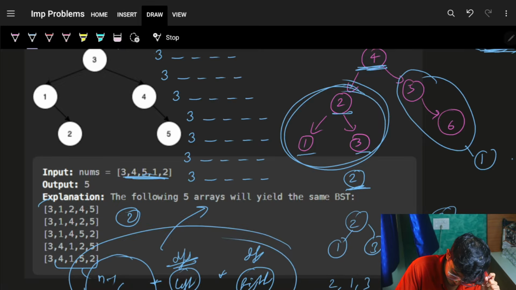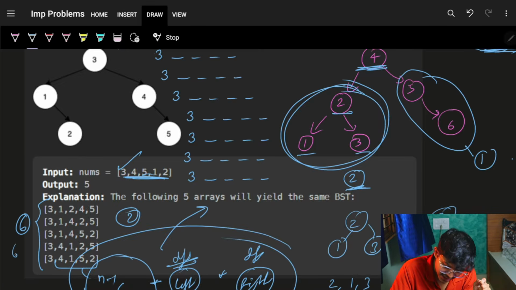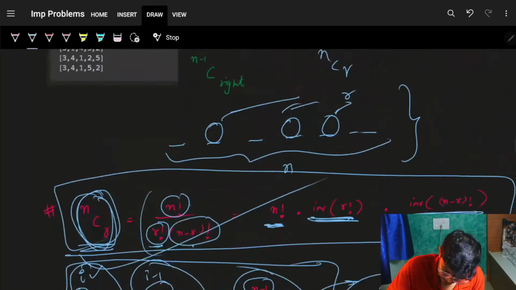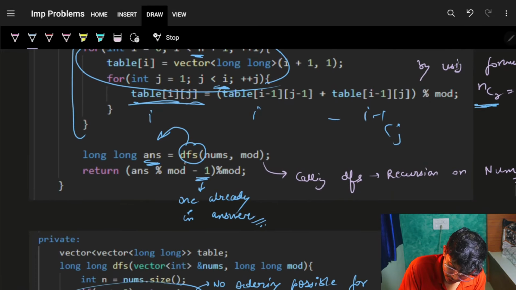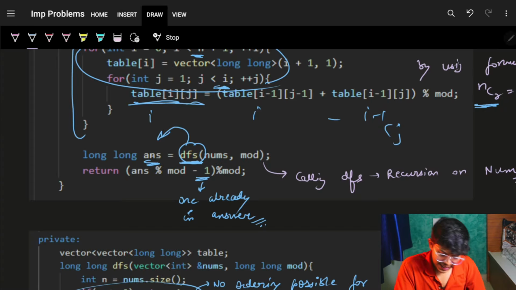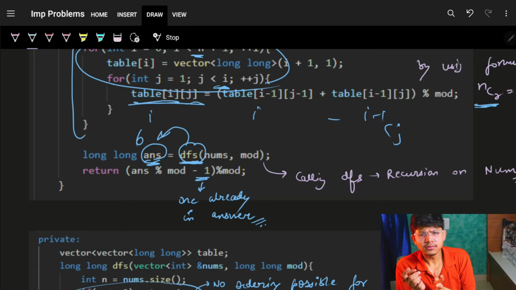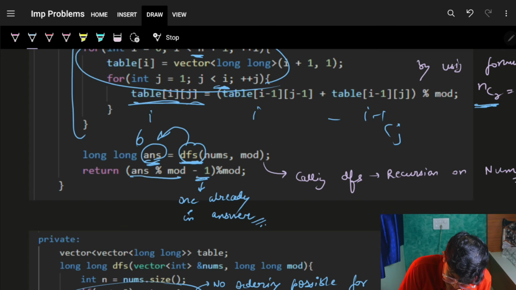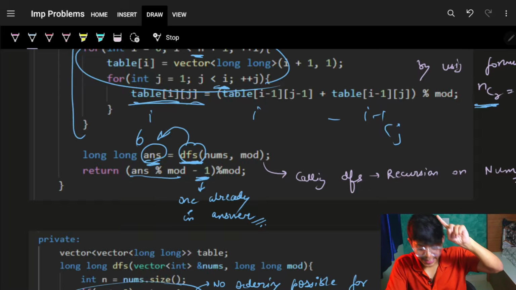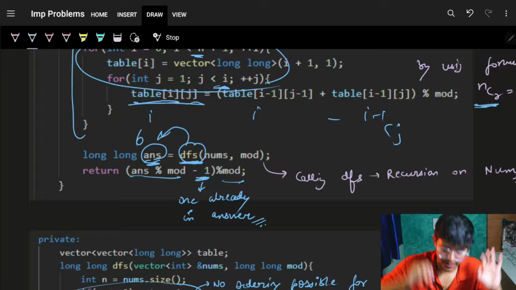So if in total I get 6 ways, one way is already given, so give me 6 minus 1, which is 5 ways. The DFS function will give me all 6 ways, but I need to return the remaining ways, so answer minus 1. Still, I did a modulo because it's important to do a modulo at every step.